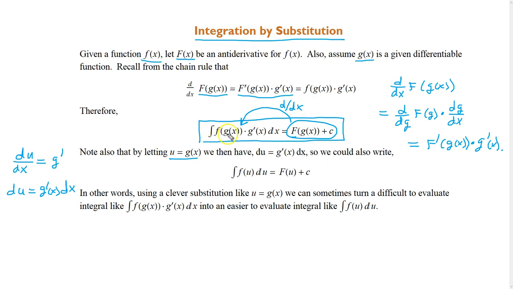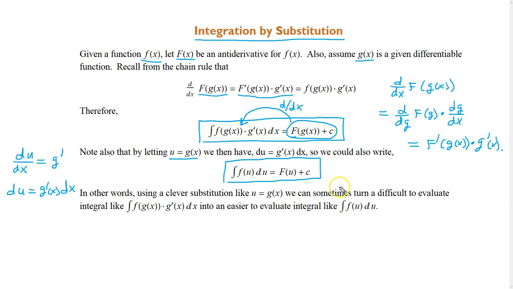Then we can write this equation up here as the following. So notice the u is g of x, and du is g prime of x dx. So the du right here is g prime of x dx, and on the right-hand side the g is replaced with the letter u.